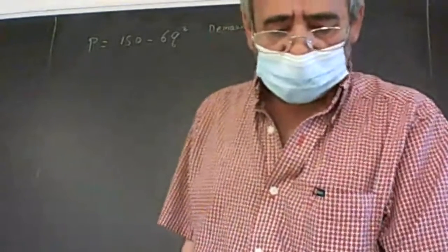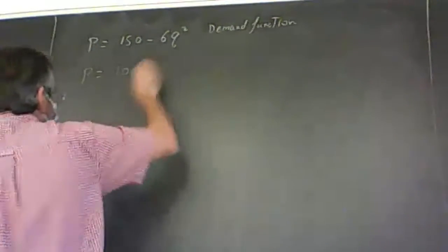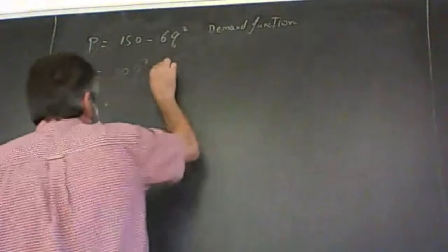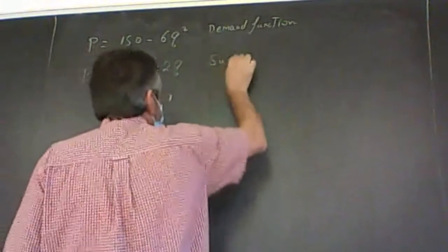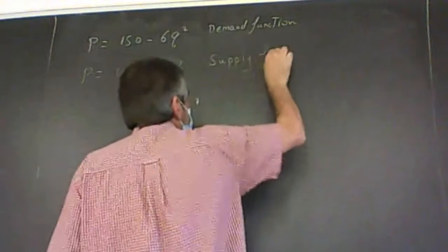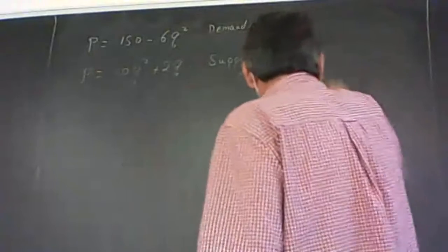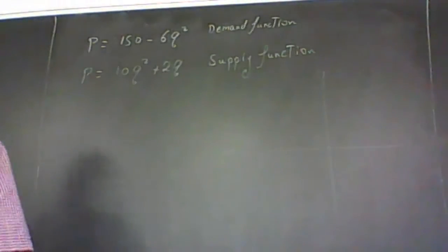It says suppose also that the price and supply are related by P equals 10q squared plus 2q, and this is the supply function. Now notice both of these are parabolas.